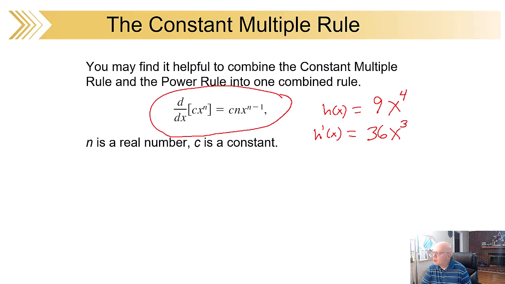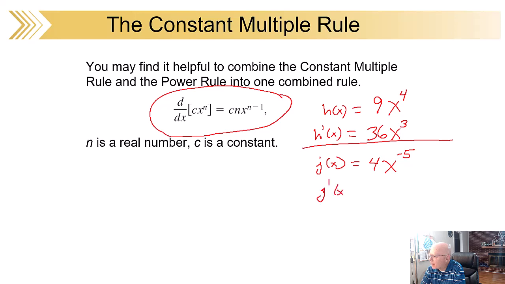Now, here's another one, just to give you an idea of what could happen. So let's see, I've used f, g, h, i, j. Let's use j. So this is a different function. Let's suppose your function happens to look like this: 4x to the negative 5. Just follow the rule. Bring the negative 5 out front. j prime of x.